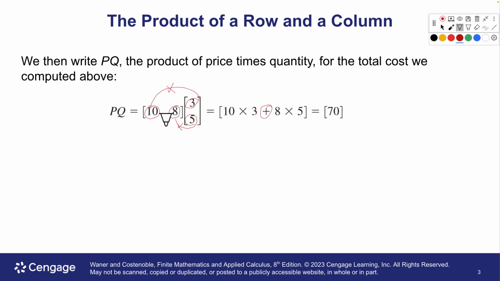But one of the things you will always notice, if we look at the dimensions of these matrices, the first matrix has a dimension of 1 row by 2 columns, and we're multiplying that by a matrix that has 2 rows by 1 column.